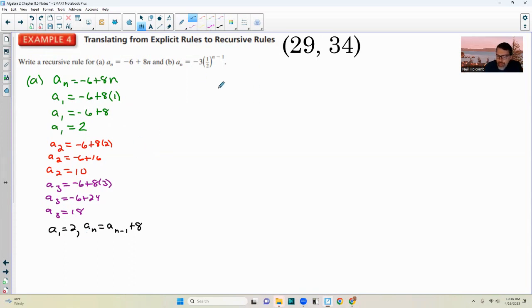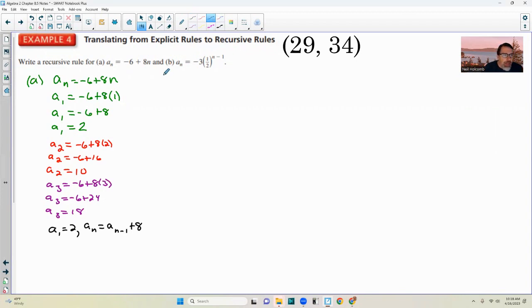Now let's take a look at B. Okay, so A is an arithmetic sequence because we have addition. When you see this, an A times a B, if you will, it's an exponential function, it looks like, that is a geometric sequence. So we have a geometric sequence, and let's find A sub 1.